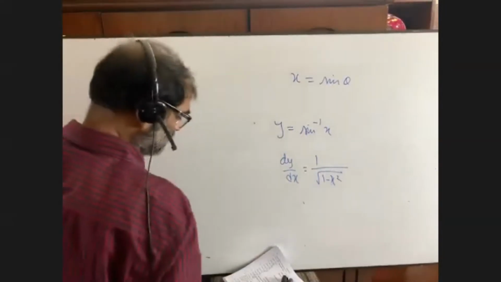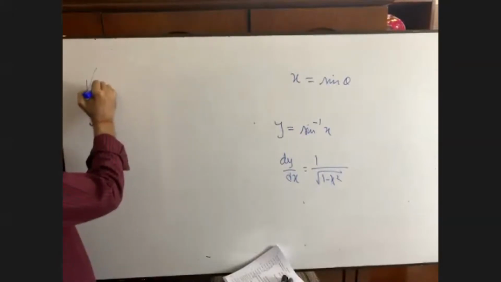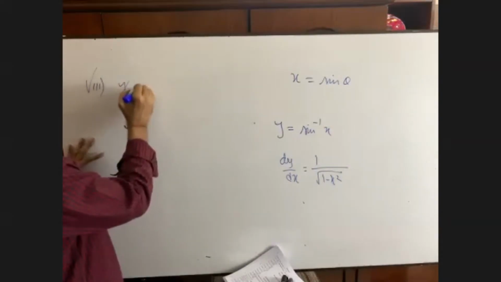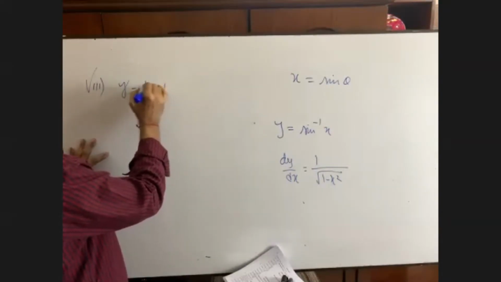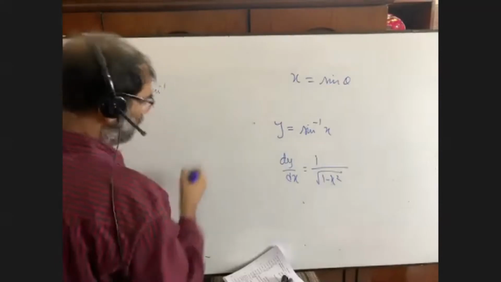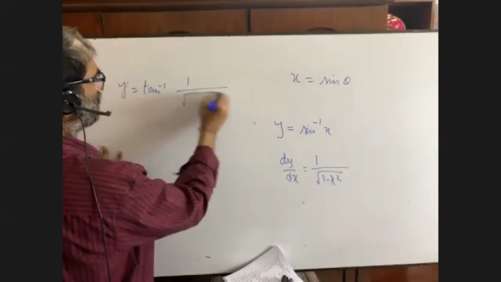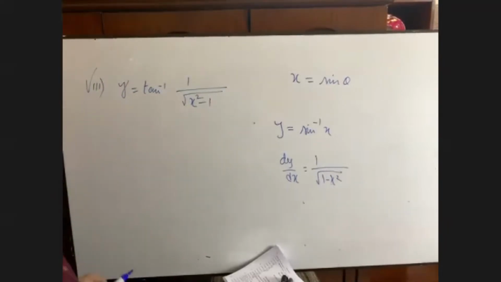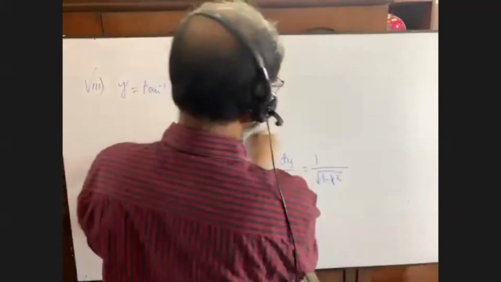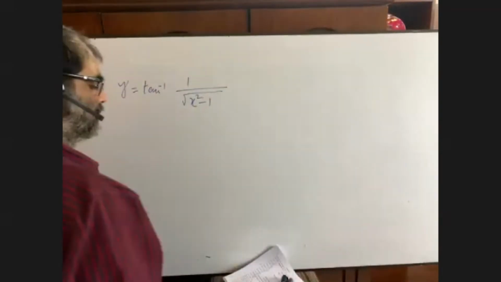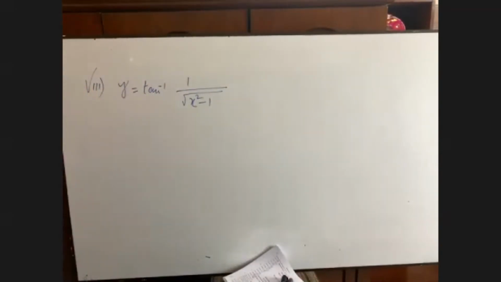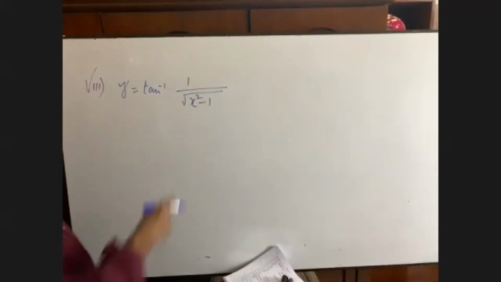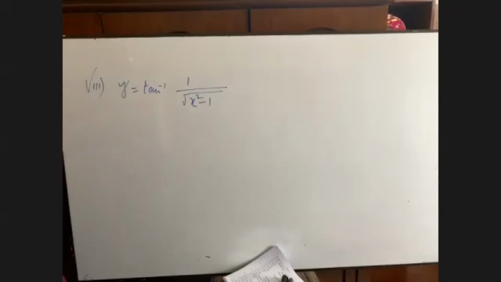Next math. Number 8. y equals tan inverse 1 by root over x square minus 1. Do it, carry on. I want to see who can do. If I put x equals sin theta, we cannot get our answer.